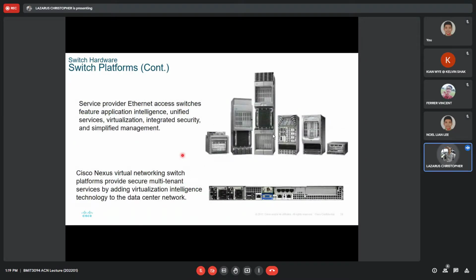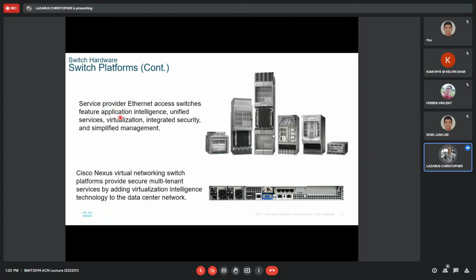Okay, so if you're an ISP, so you're actually a service provider, you are looking at a larger number of users, right? And larger network access. So you start to have different needs. So this kind of switches basically have additional capability.